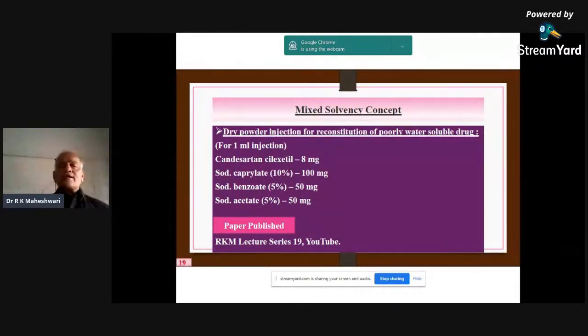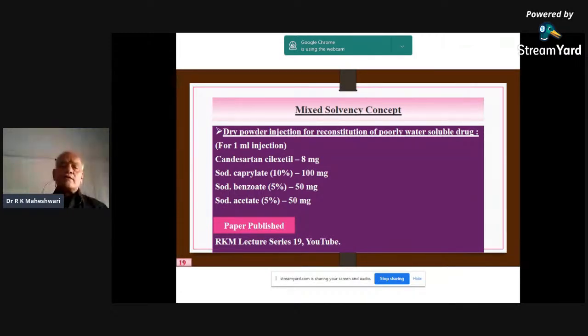Briefly, I will explain the application of the mixed solvency concept, which is very new to you. You can employ it to make a dry powder injection for reconstitution of a poorly water-soluble drug, for example 1 ml injection of candesartan cilexetil, which is poorly water soluble.